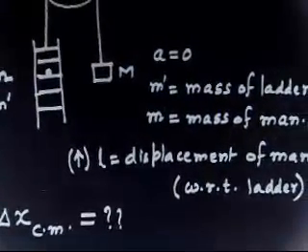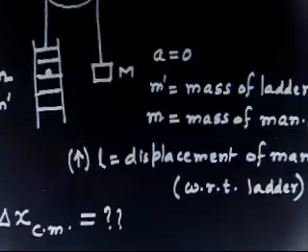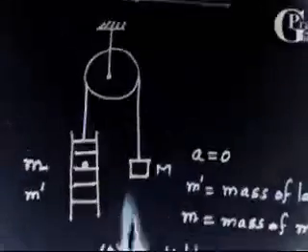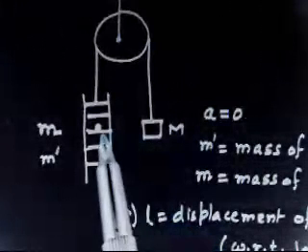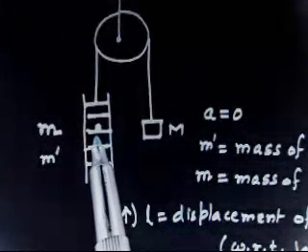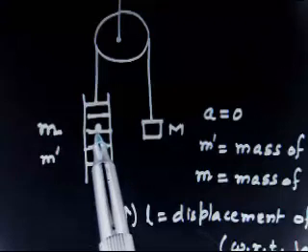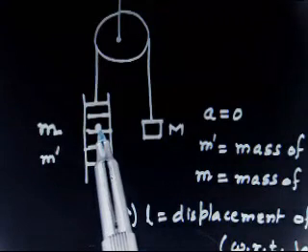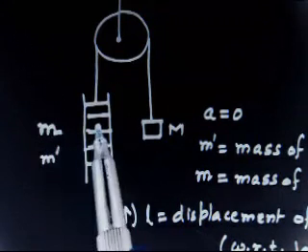So let us say the ladder is initially something like this. Let us say the center of mass of ladder is somewhere here, and the mass m also lies on the same point. The ladder center of mass and mass m coincide.